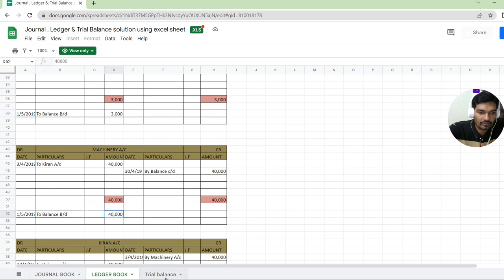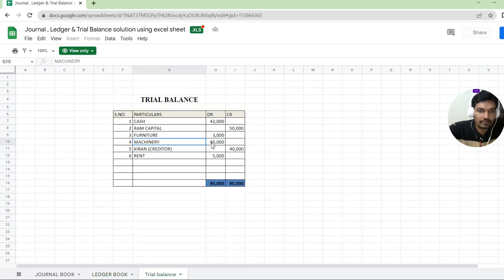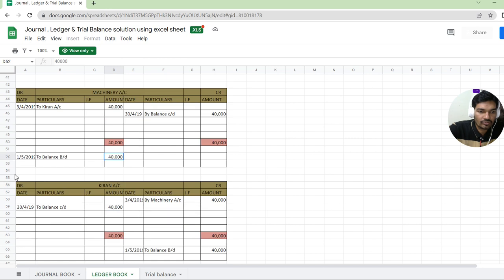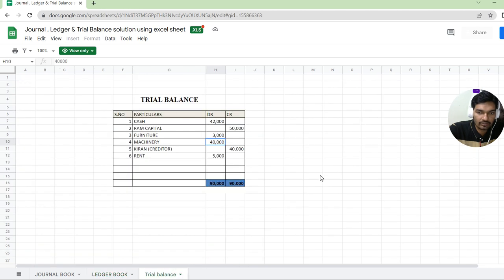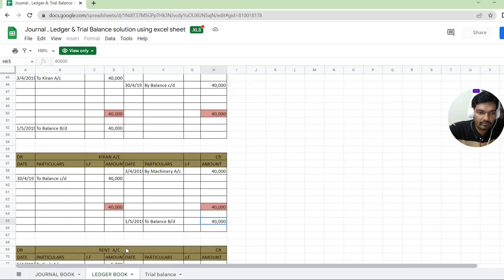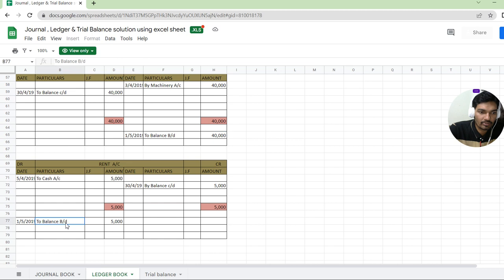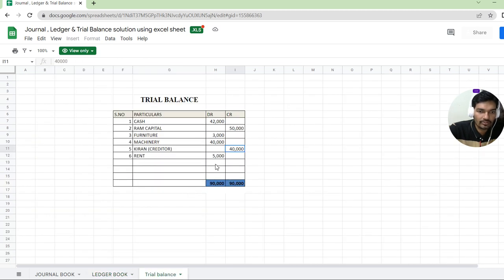How much? 40,000. Next, Kiran account, where the balance brought down is available on the credit side. How much? 40,000. Finally, the rent account, where the balance brought down is available on the debit side only. How much? 5,000. So on the debit side 5,000 we show.